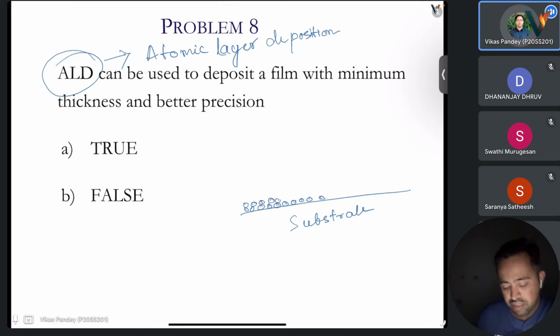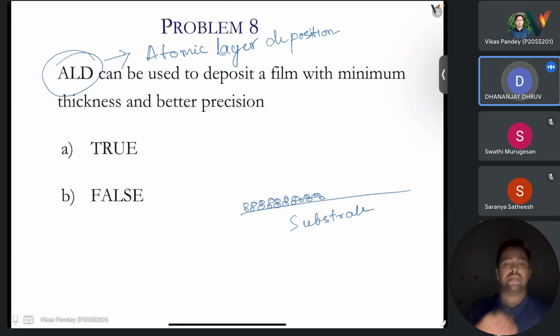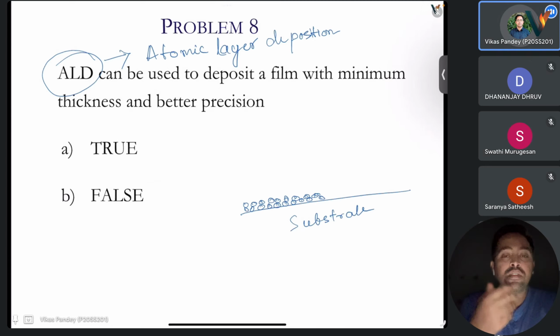This level of precision is attained in ALD. So it can be used to deposit a film with minimum thickness and better precision. Is it true? It's true, no? From the name itself, it can be done one atomic layer at a time. Okay.